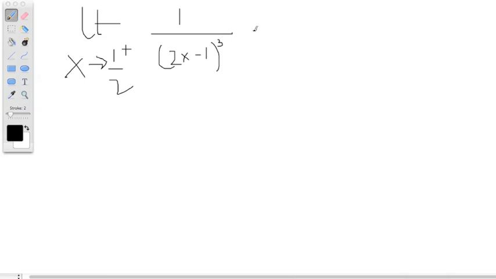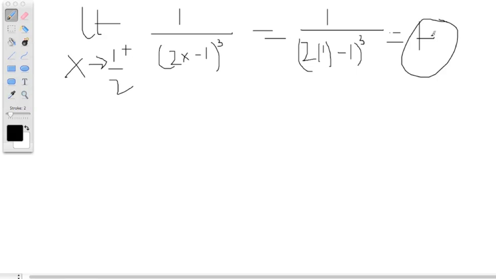So plug in 1 to x and you will get 1 over (2 minus 1) cubed, which would equal just a positive number. Since it's positive, the limit would be infinity. That's your limit.